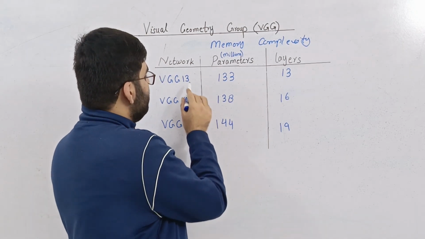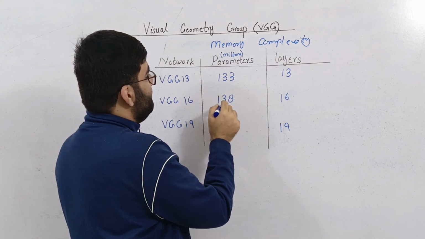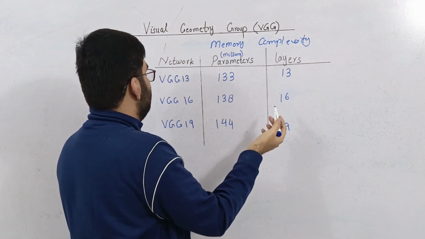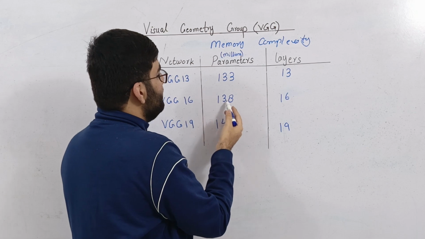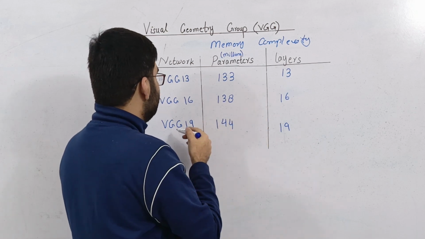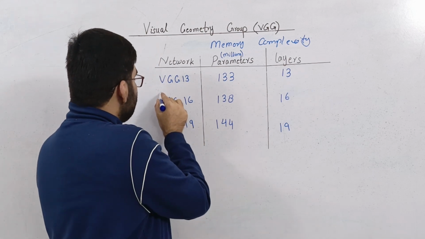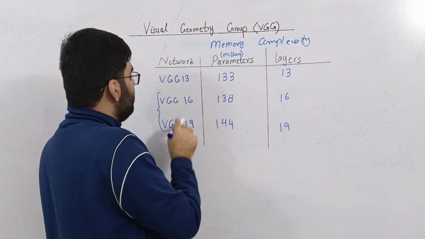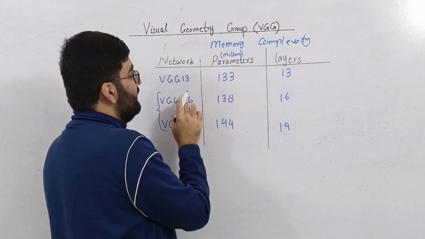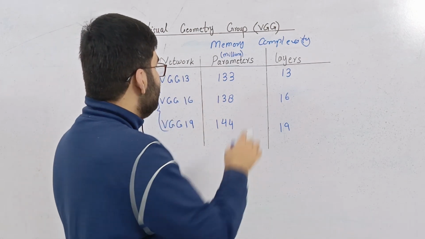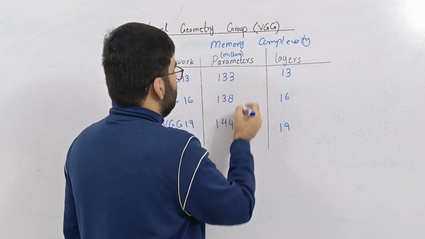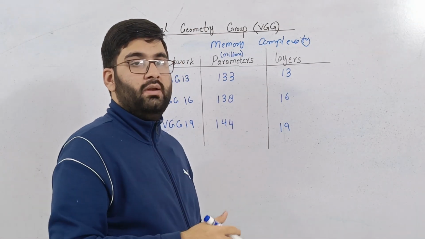So for VGG 13 there are 133 million parameters with 13 layers. For VGG 16, 138 million parameters, and for VGG 19, 144 million parameters. These two models have shown to outperform VGG 13 in multiple tests, but they have slightly more parameters and so their memory complexity is higher.